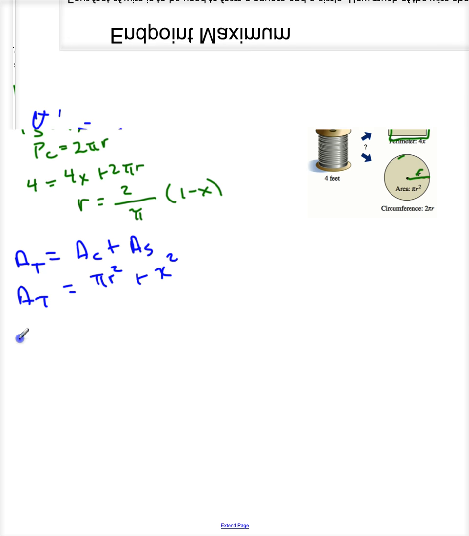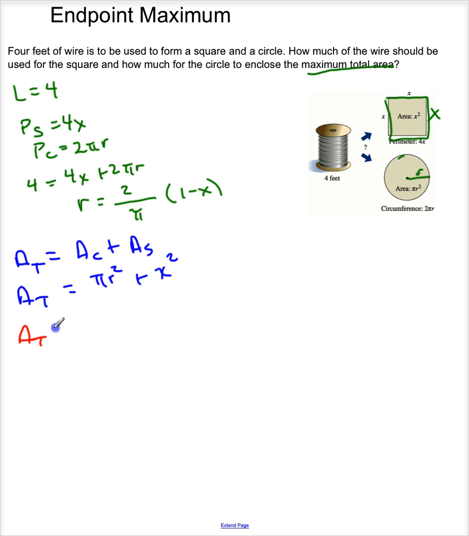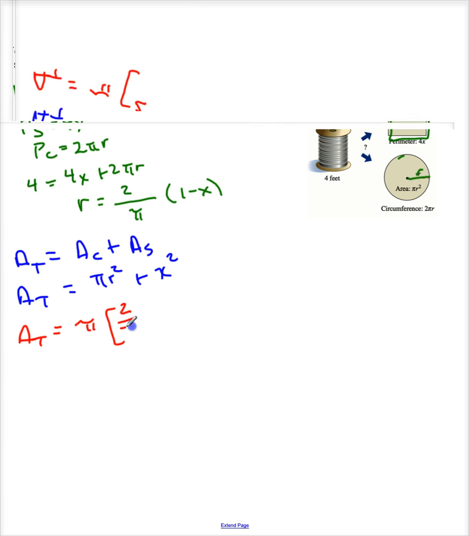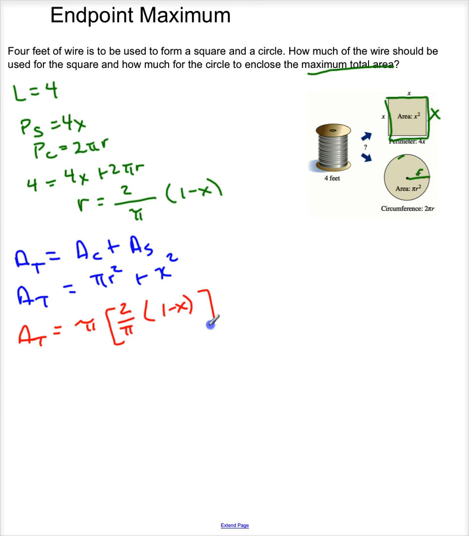So my total area, when I plug r in, is pi times 2 over pi times 1 minus x, squared, plus x squared. So now I have it all in terms of x.